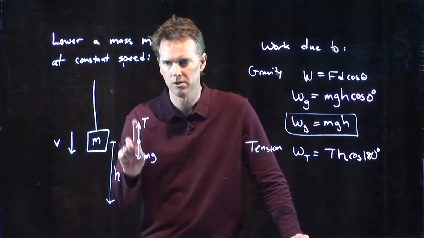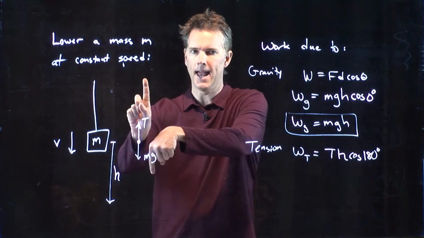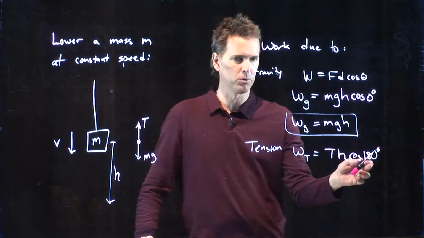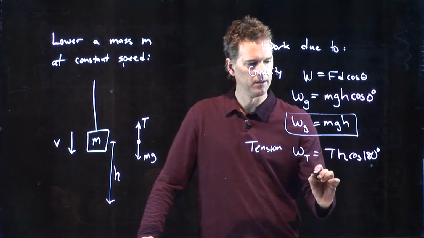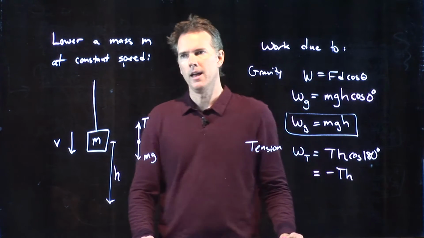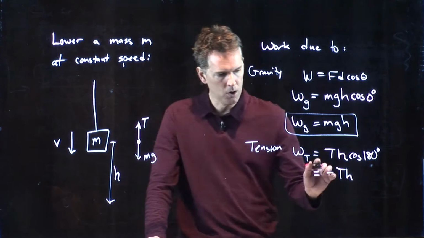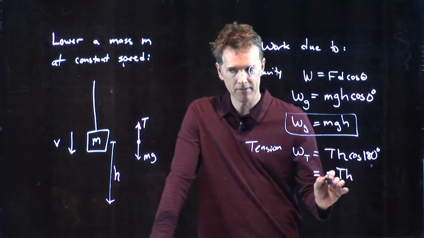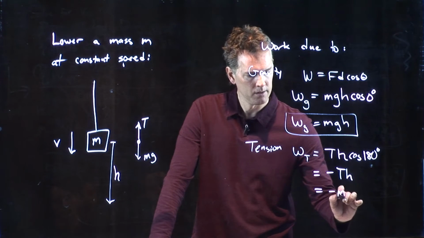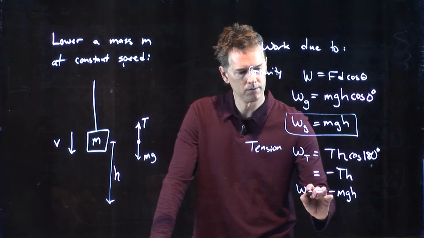Why? Because tension is up, displacement is down. That angle between those two is 180 degrees. And so this is where you pick up the minus sign right there. We get minus Th. And if it's moving at constant speed, we know that tension has to be equal to mg. And so we get minus mgh.